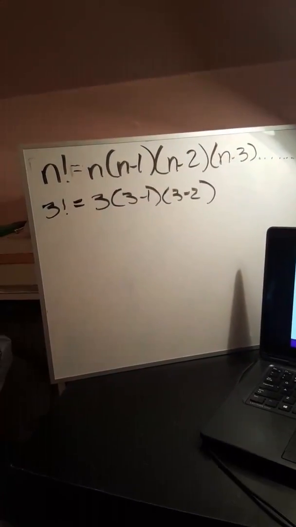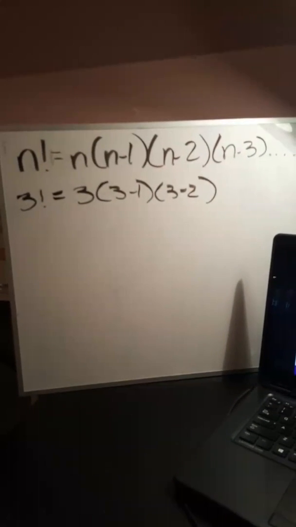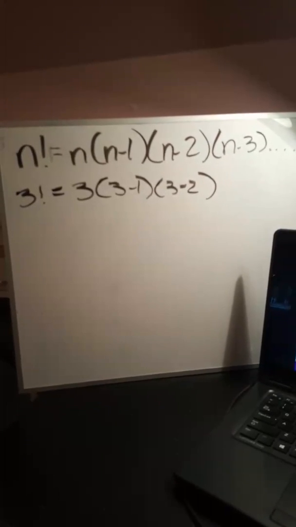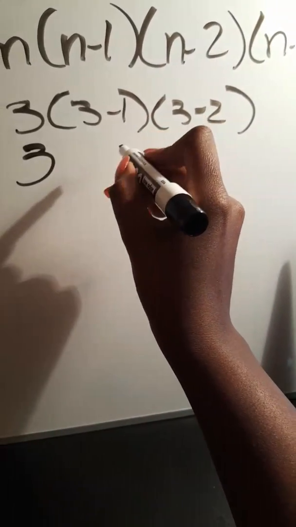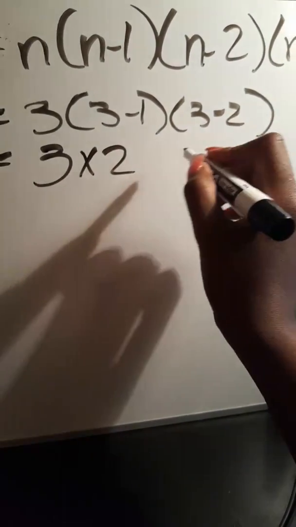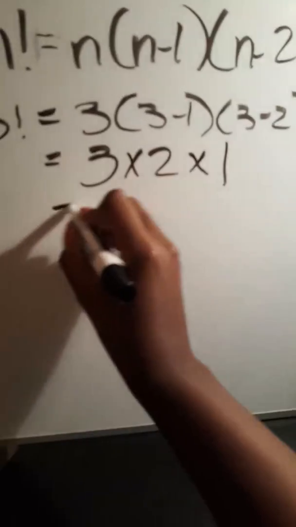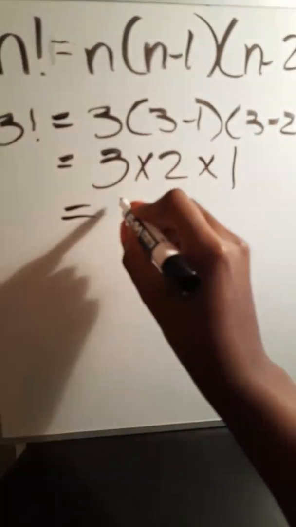We all know that anything times 0 is 0. So the goal that we are trying to accomplish here is counting down from whatever number is n, and in this case it's 3, all the way descending to 1. Because now, when I work it out, I'll have 3 staying the same, 3 minus 1, which is times 2, 3 minus 2, which is times 1. We do our math. 3 times 2 times 1 is simply 6.